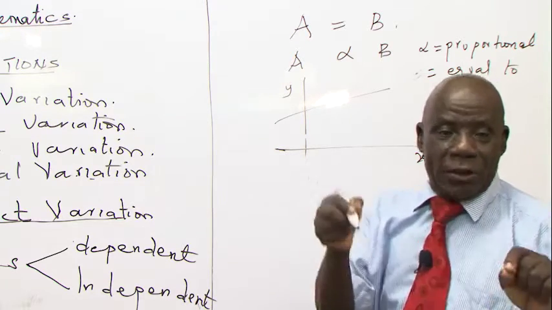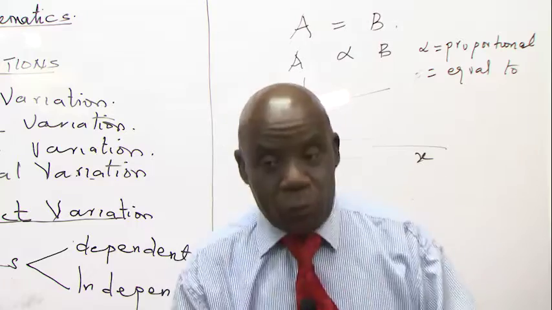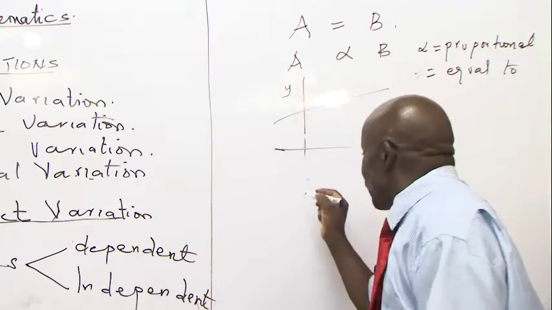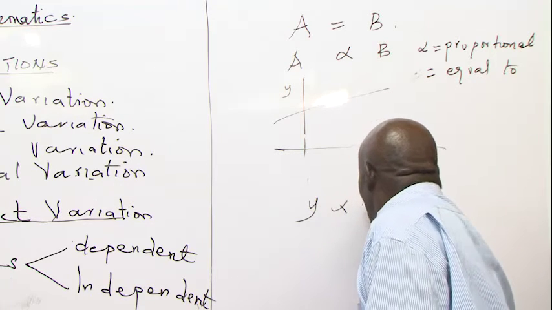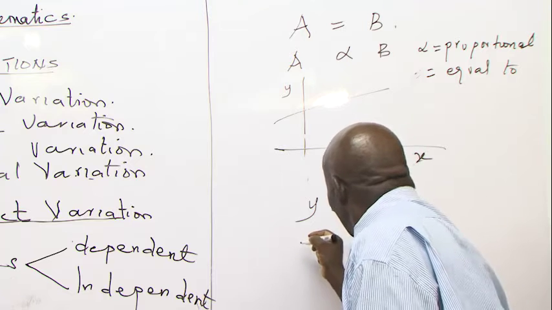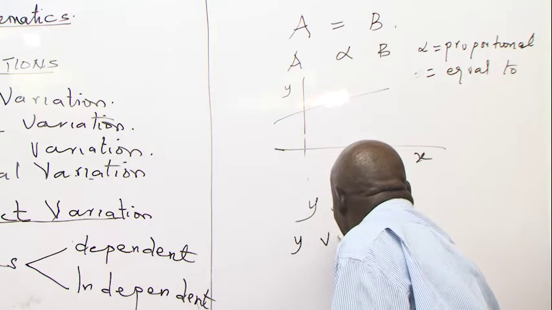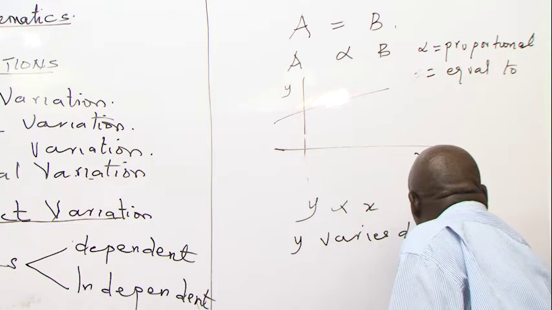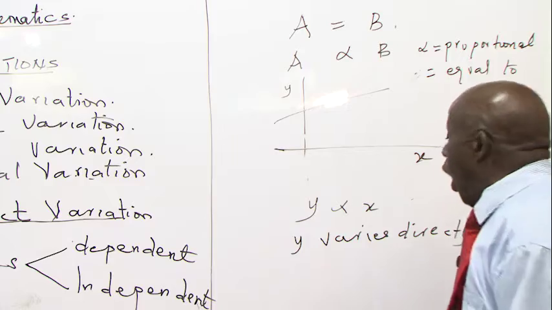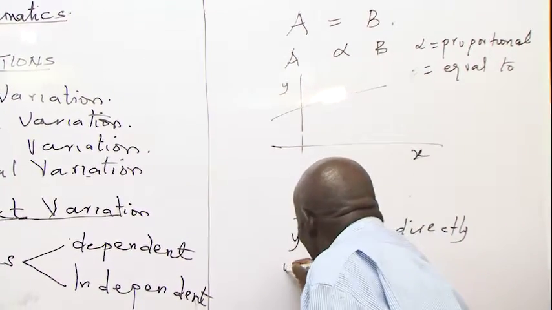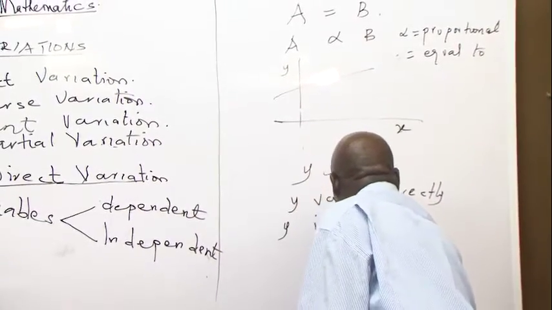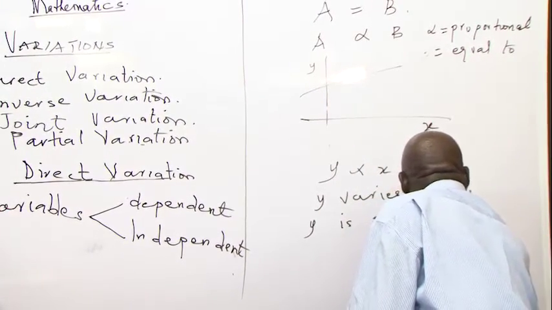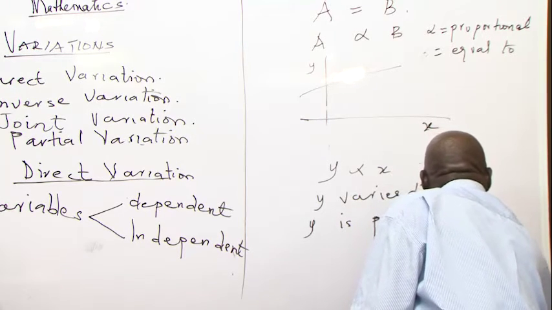There is a direct relationship between the two variables, and the way to say it is this: either they write this, or this varies directly, or they say y is proportional to x.